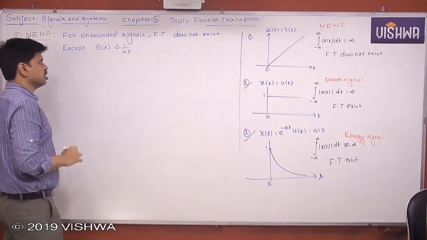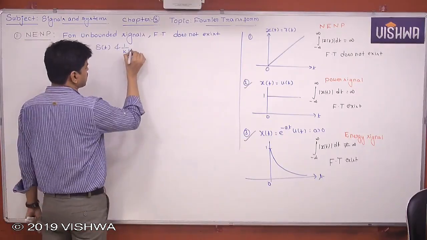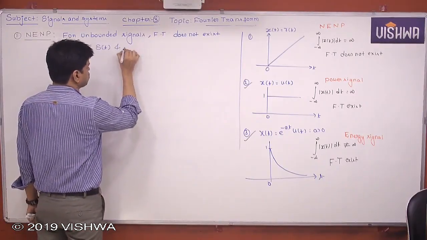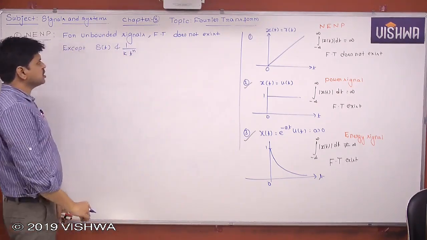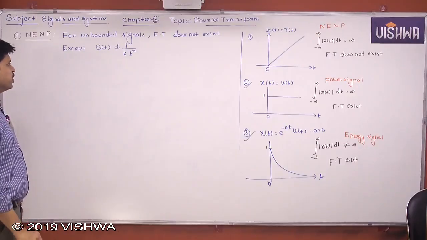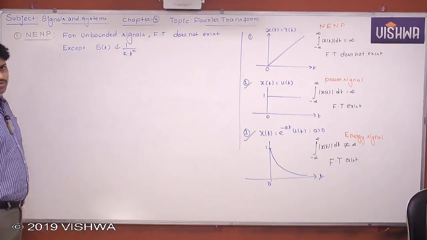This is also an unbounded function. In particular, we can say t to the power n, also 1 by t to the power n. So for these signals, even though they are unbounded, we have a Fourier transform for them.